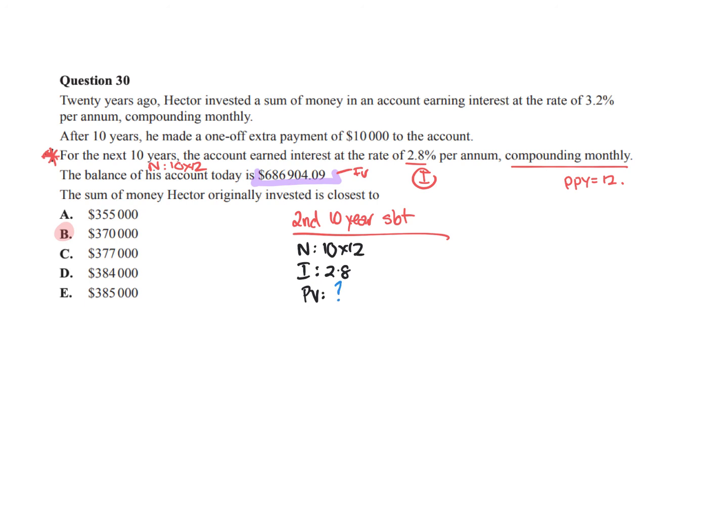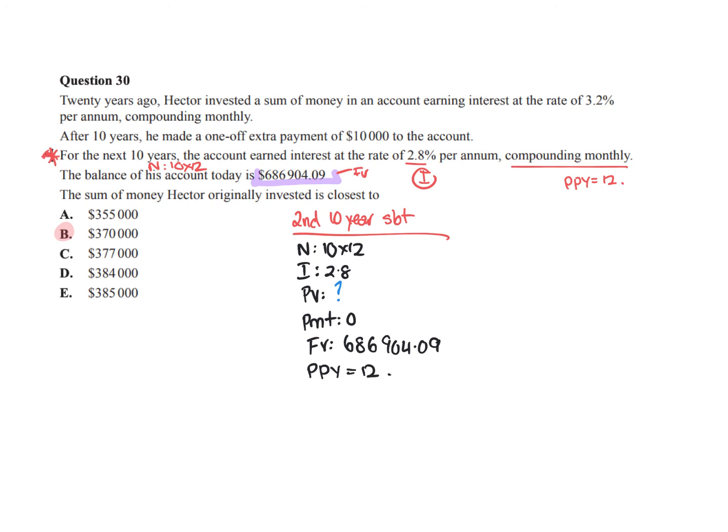What did he have at the beginning of this second 10-year slot? Now, payments, he's not making any other payments. It's just an investment, so we'll call that 0. And FV, we do know he's going to get this back, so it'll be 686,904.09, and PPY is 12.